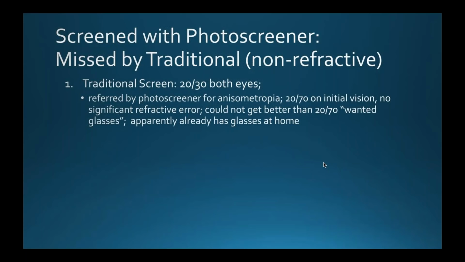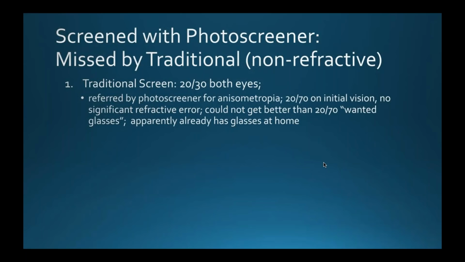And when they had their initial vision screen on the examination day, their vision was actually 20/70 in both eyes. And they were found to have no significant need for glasses or refractive error. And we couldn't get their vision better than 20/70. The examiner noted that the child, quote, wanted glasses and apparently already has glasses at home.